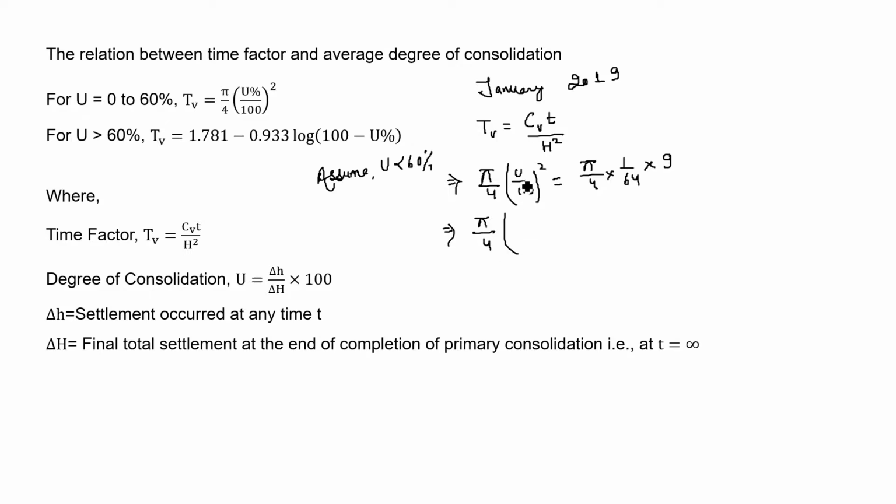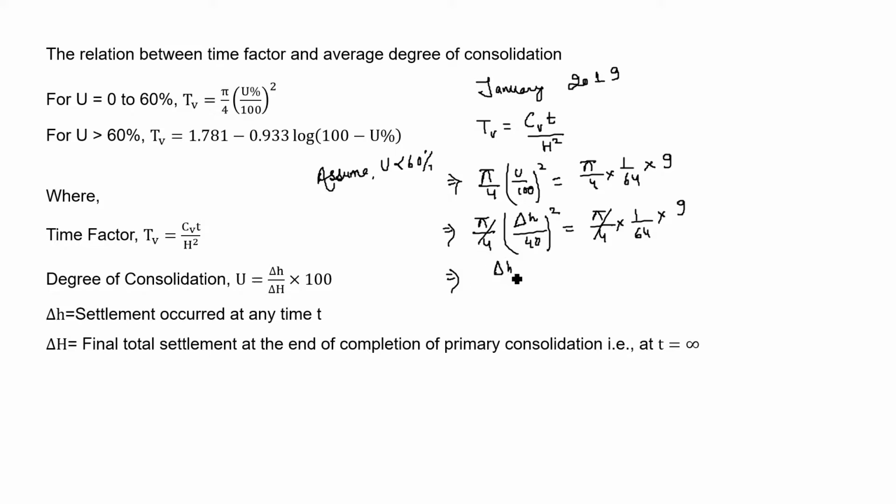So U by 100 is equal to del h, the settlement after 9 years, divided by the total settlement, which is 40 mm. So (del h by 40) square is equal to pi by 4 into 1 by 64 into 9. So the pi by 4 will cancel out.